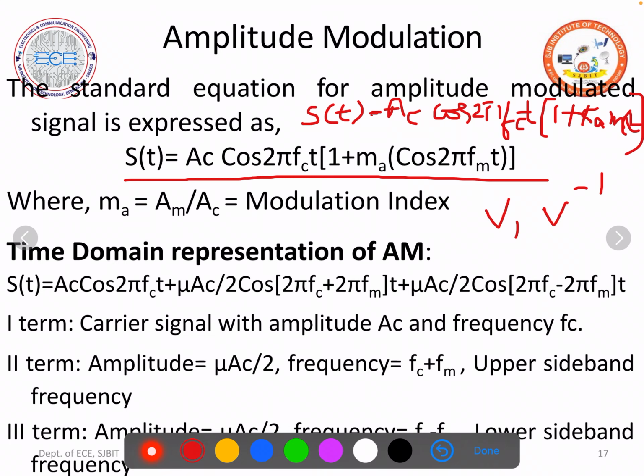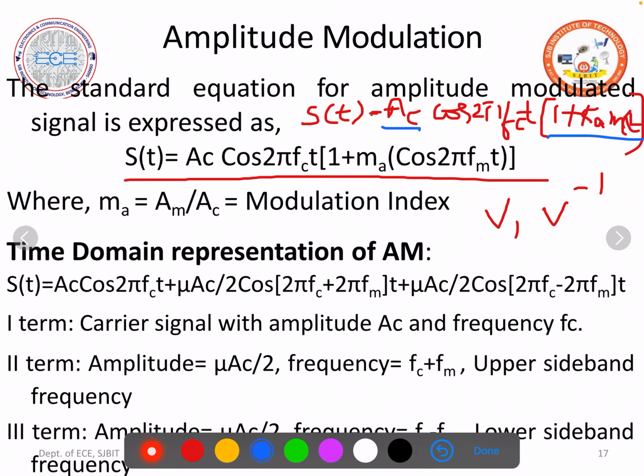So here in this equation, the term Ac into 1 plus Ka into m of t gives the instantaneous amplitude of the modulated signal. We also call this the envelope of an AM wave.